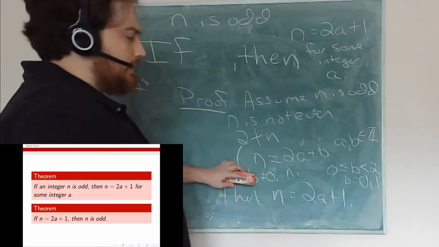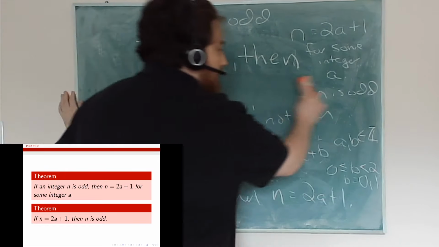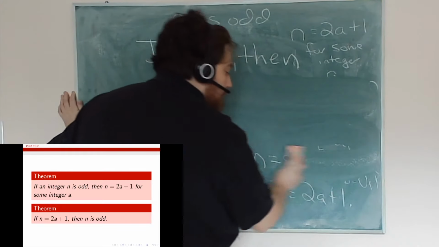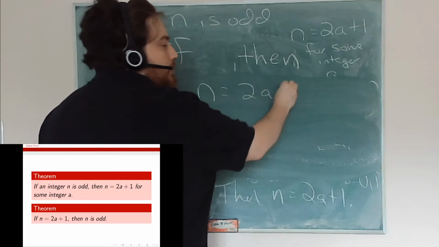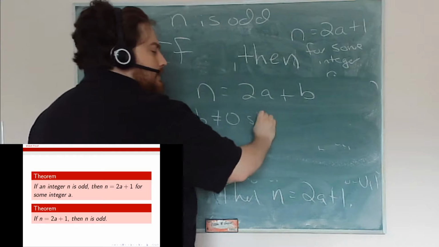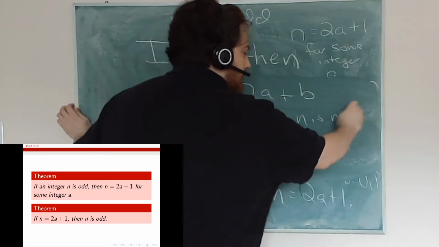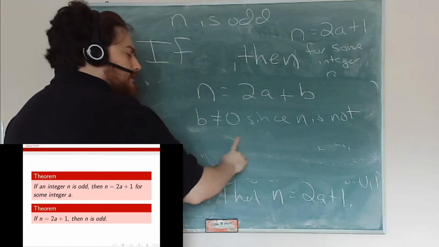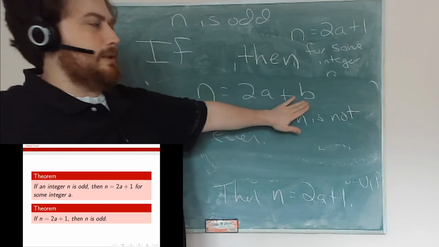I know I'm getting tight in here, so I'm going to erase some of this stuff. n is equal to 2a plus b. b is not 0 since n is not even. But I've just said that b was either 0 or 1.